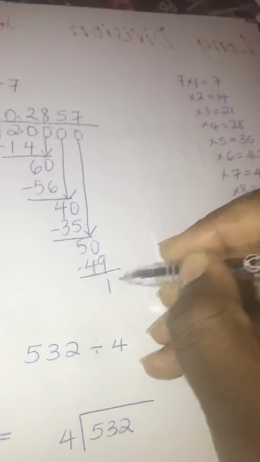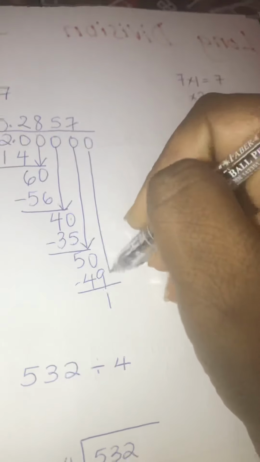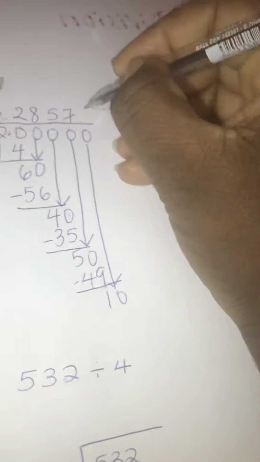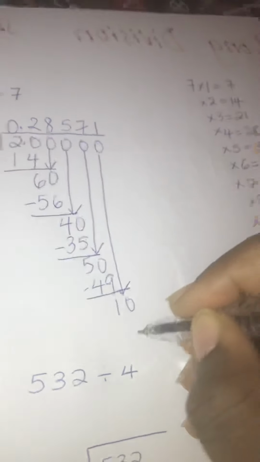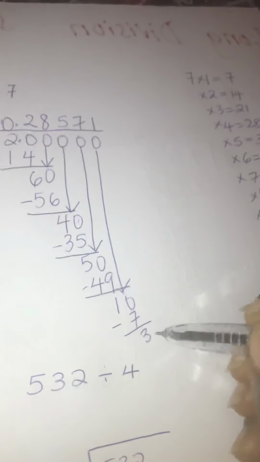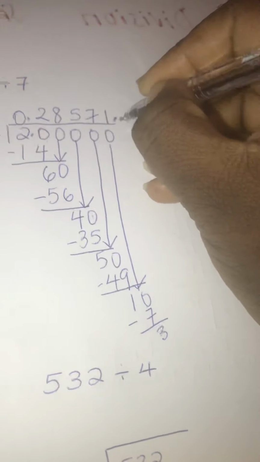I subtract, I get 1. I bring down a 0. See? 7 goes into 10 one time. Minus 7, I get 3. See, I keep on saying there'll always be a remainder. Since there will always be a remainder, I will put ellipses.